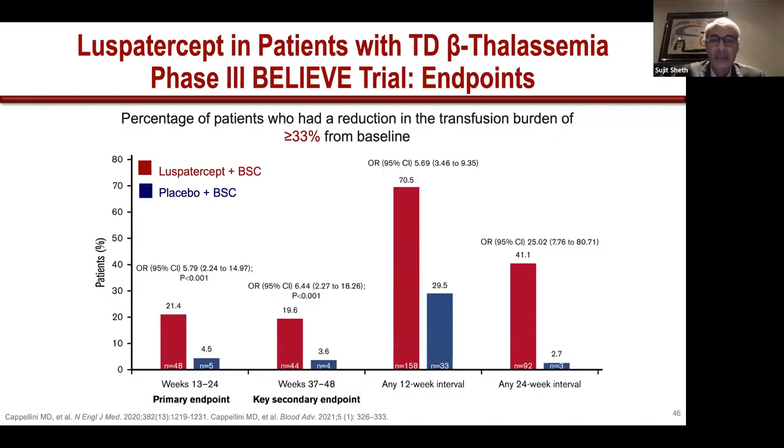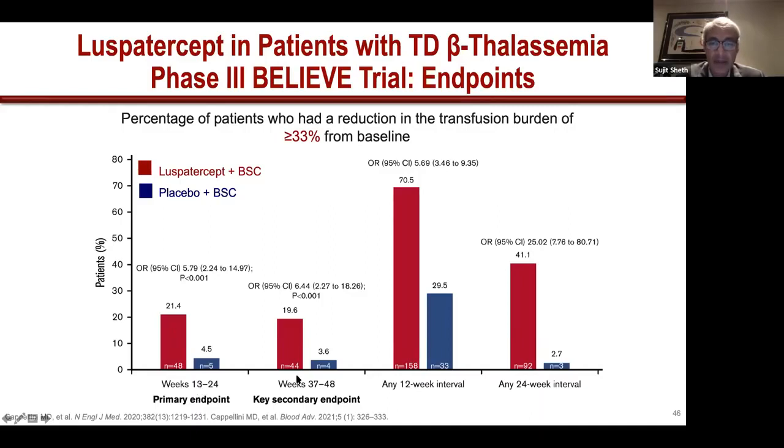And when you look at the primary endpoint, it was to compare the proportion of individuals between luspatercept and placebo who would have a reduction in transfusion requirement of 33% from baseline in a specific time point, which was weeks 13 to 24, which you can see down here on the left bottom. So that was the primary endpoint.